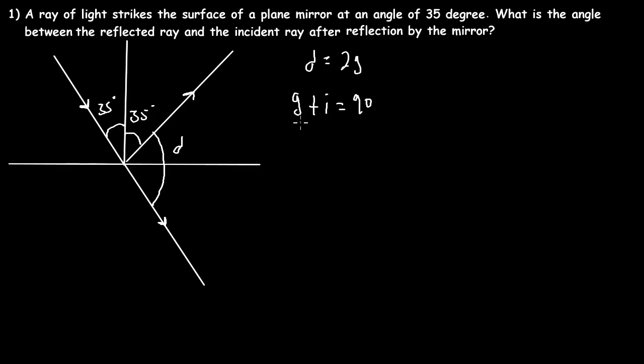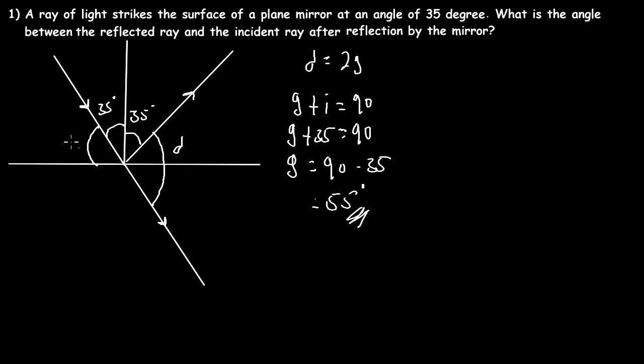Perfect. So since I is 35, it means G plus 35 would be equal to 90. And clearly, the glancing angle would be 90 minus 35, which is equal to 55 degrees. So this is our glancing angle. Typically, in terms of illustration, it's this region. This is what we call the glancing angle, for those who might still be wondering.